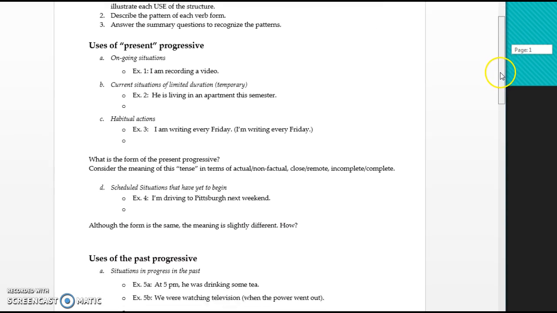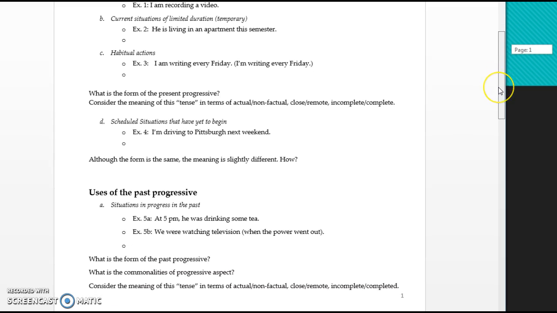The third use of the present progressive is habitual actions, like I'm jogging, I'm taking the stairs this semester. My example here is I'm writing every Friday. And notice these, oftentimes we use a contraction when we use auxiliaries. What is your habitual action that you could write in present progressive tense? And what is the form of the present progressive?